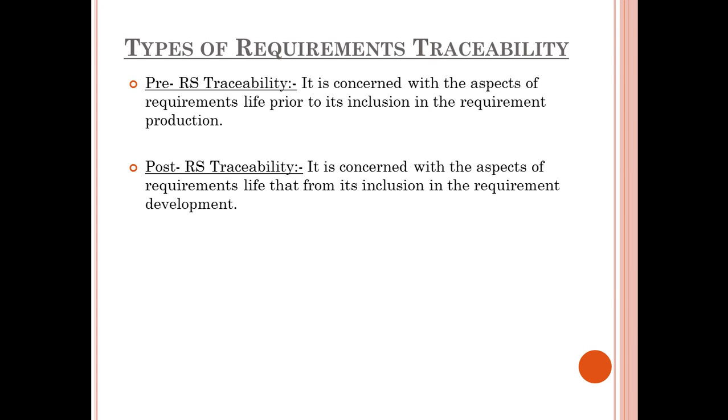Generally, pre-requirements traceability depends upon the ability to trace requirements from and back to their originating statements throughout the process of requirements production and refinement. So this is basically what pre-requirements traceability means.